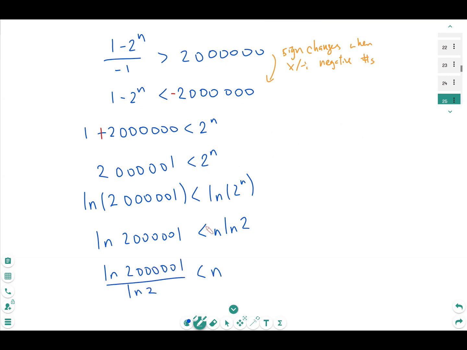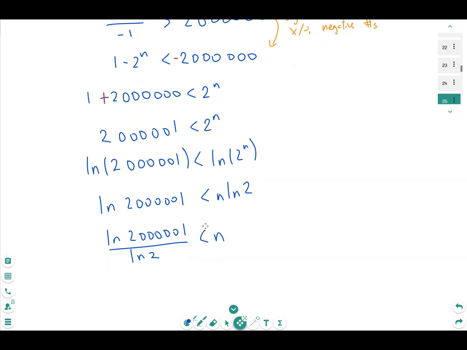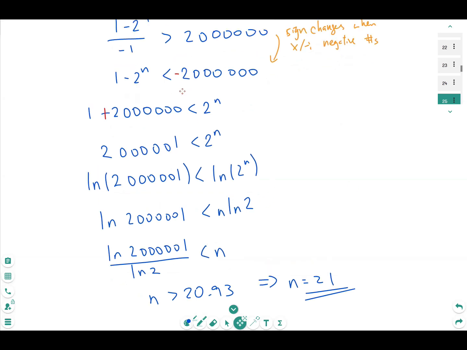Put in a calculator, I get 20.93. So n has to be greater than 20.93. Therefore, n has to be 21. Right, I made a little silly mistake in here with the negative.